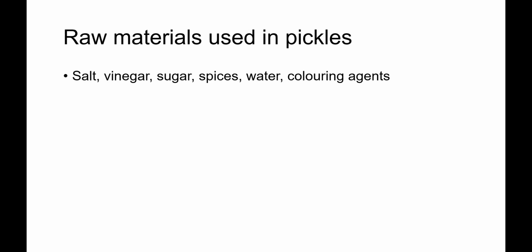It should not contain more than 1% of impurities, nor should it contain chemicals like tricalcium phosphate or magnesium phosphate. These are generally added to salt to reduce its caking. Like you see in the free flowing salt ads shown on TV, they show that it doesn't cake.